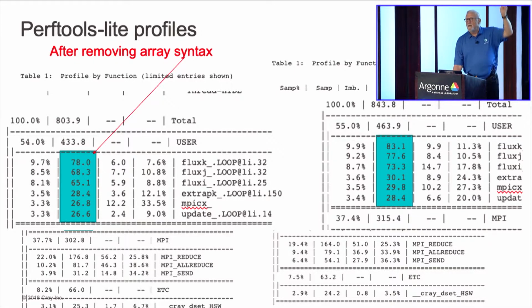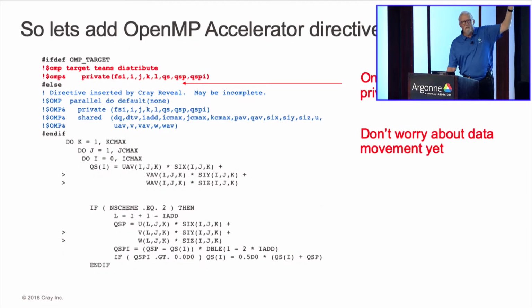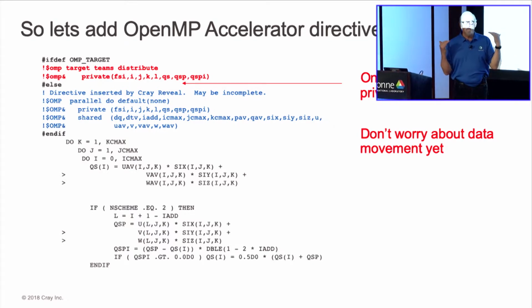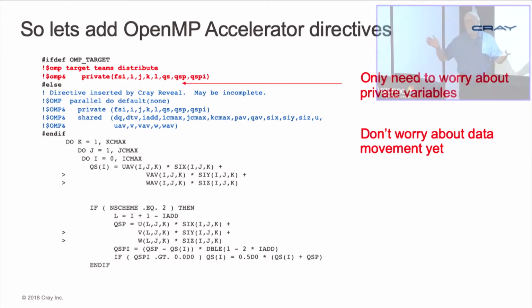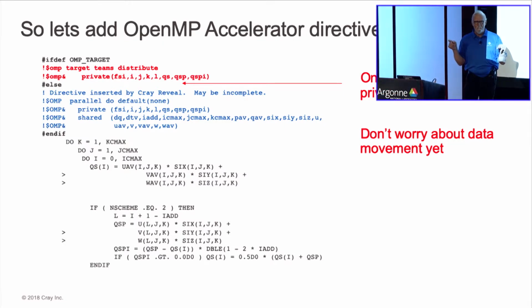Okay, let's add OpenMP directives. It is so simple that it's ridiculous. Okay, now, unfortunately, you can't do this this week. If you want an account on one of our external machines to use this, it's called swan.cray.com.